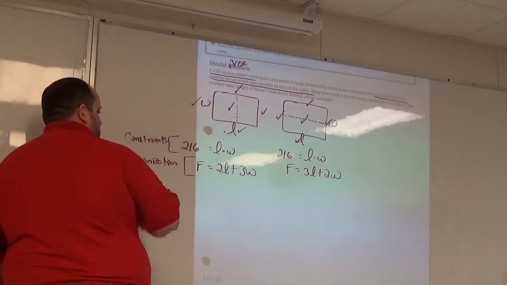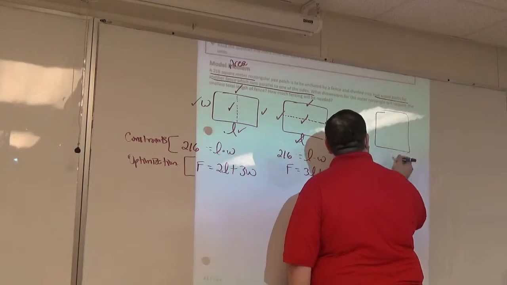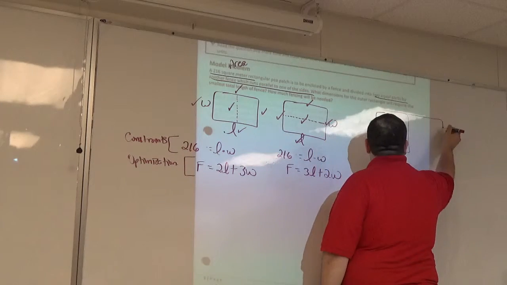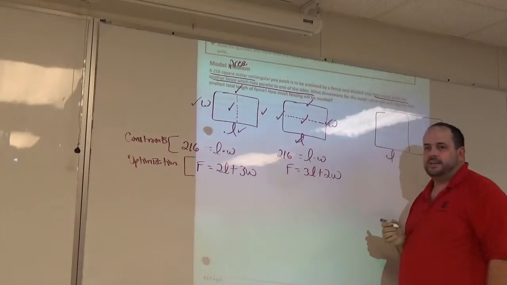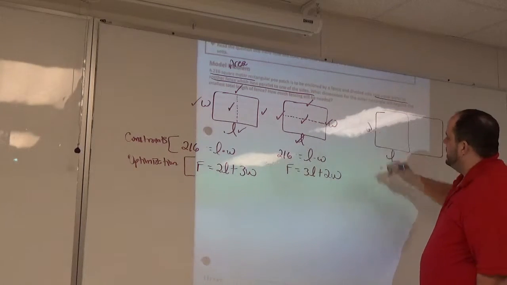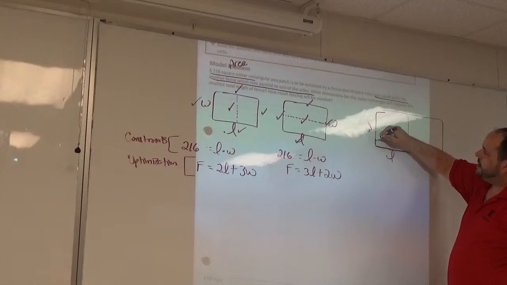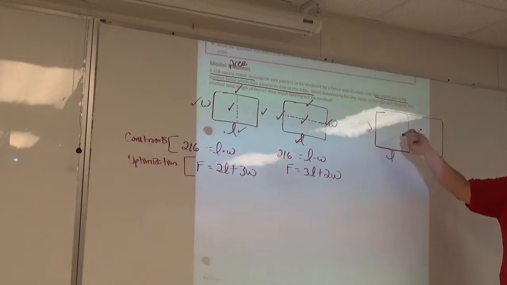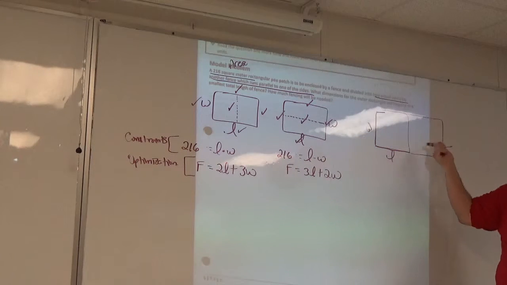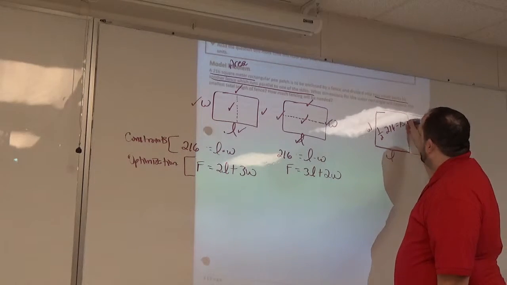Okay, optimization. Now, I didn't see anybody do it, but if you know that you're going to divide the rectangle into two pieces of equal area, you could have said, let me call this L, let me call this W, and the area for this piece, if they're going to be equal, is half of 216, which is 108.